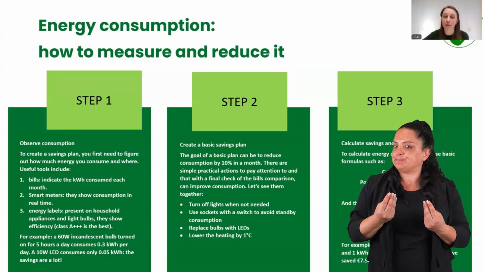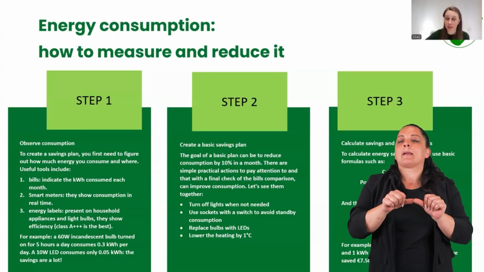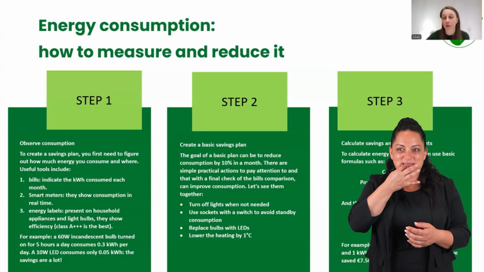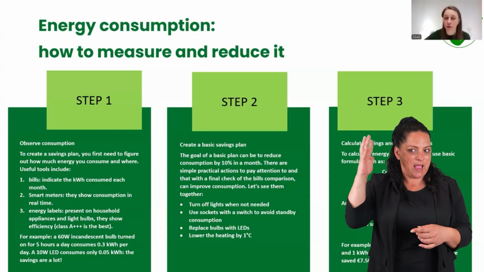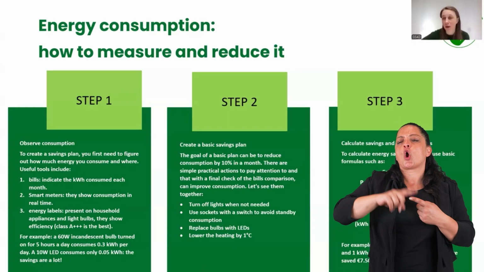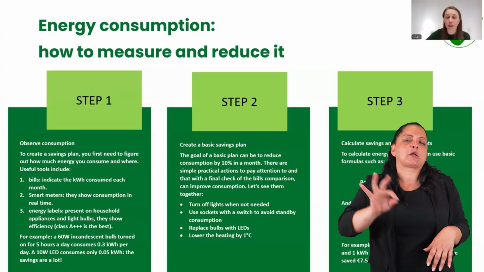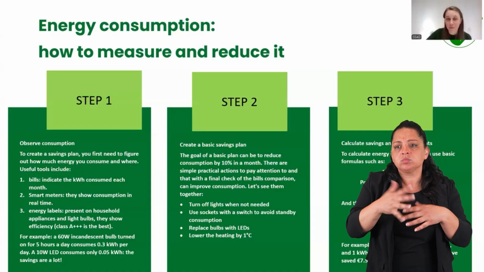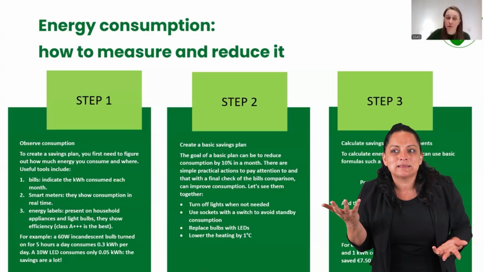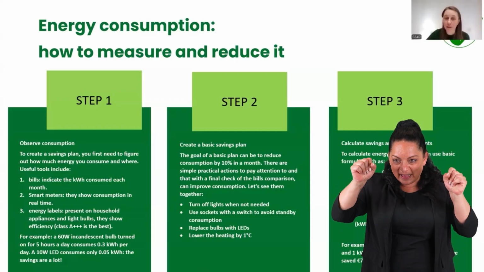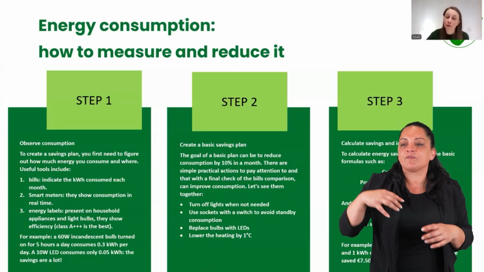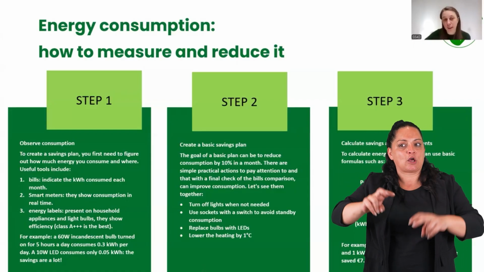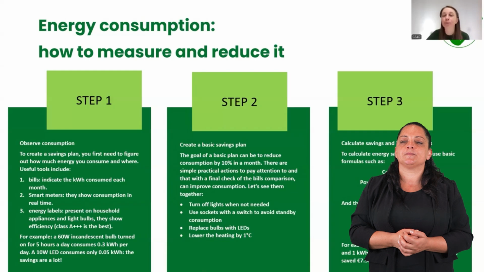The second step is to create a basic savings plan. It means to have a goal. For example, if we want to reduce the use of energy by 10%, we can put into practice practical actions. For example, pay attention to turn off lights when they're not needed, or replace old bulbs with new ones of a good energy class.